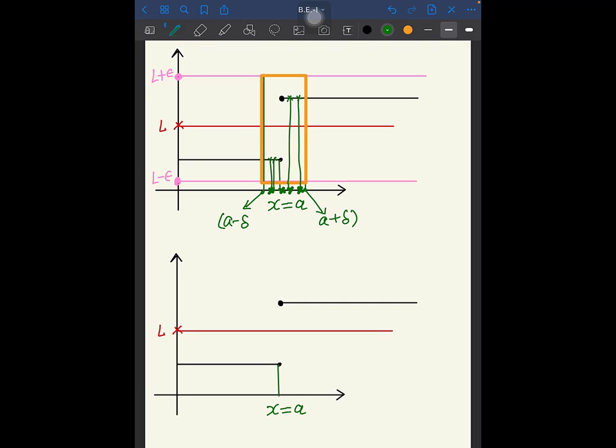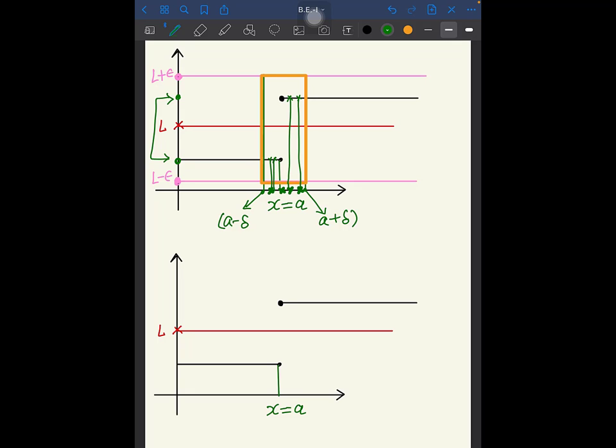The corresponding values on the y-axis are lying between L minus epsilon to L plus epsilon. But this may not hold for every box. That means a smaller epsilon is actually the challenge. Take the smaller epsilon, you will come to know that this limit actually does not exist.